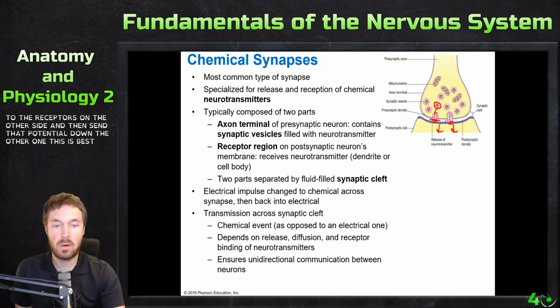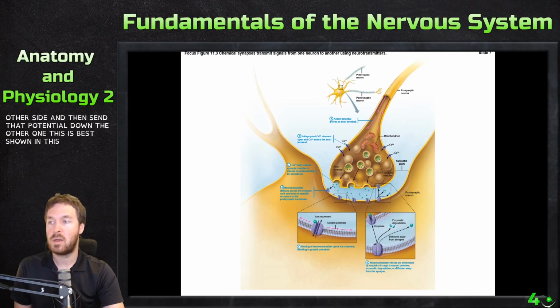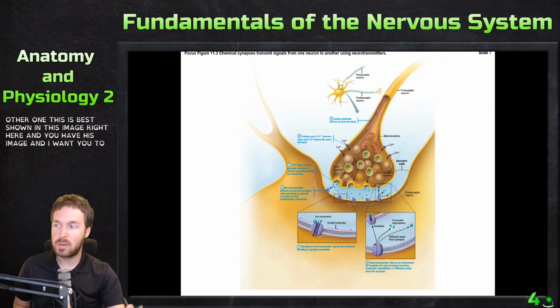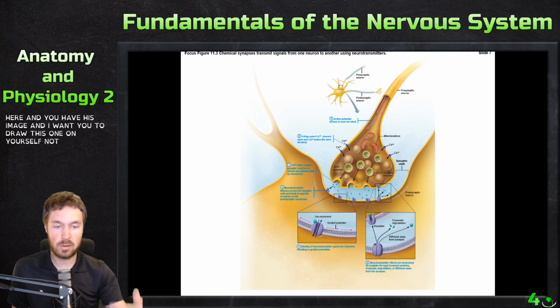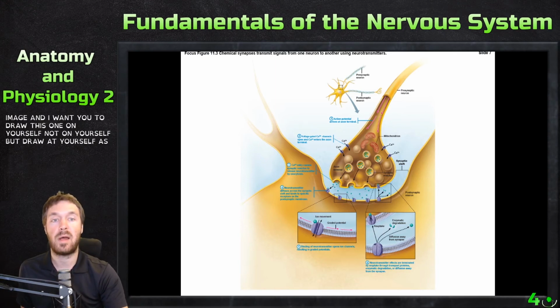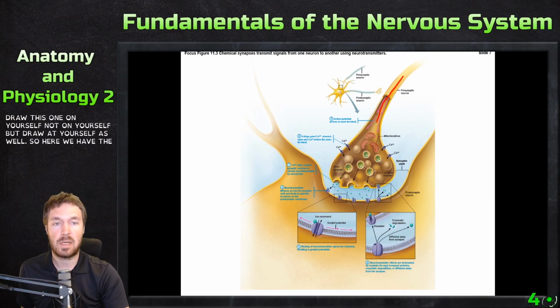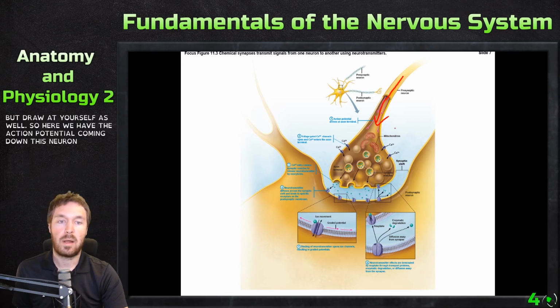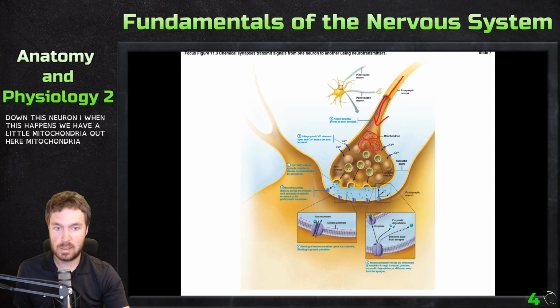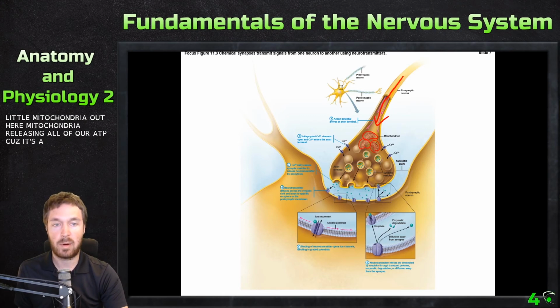This is best shown in this image right here, and I want you to draw this one yourself as well. So here we have the action potential coming down this neuron. When this happens, we have the little mitochondria out here. Mitochondria are releasing all of our ATP because this area requires a lot of energy.